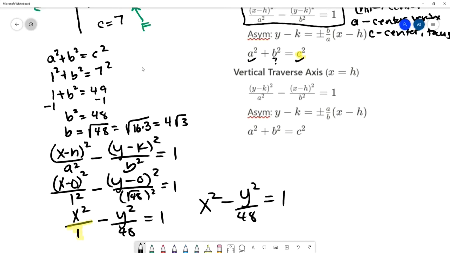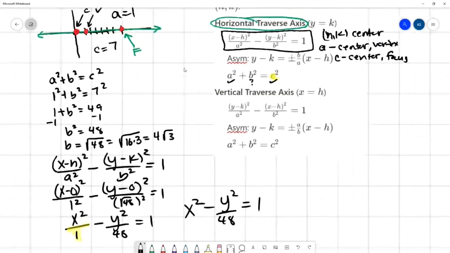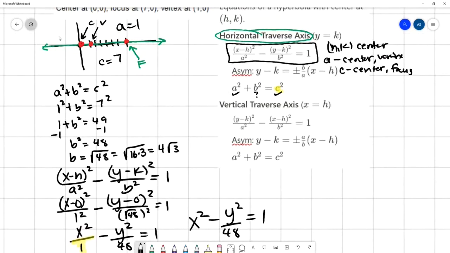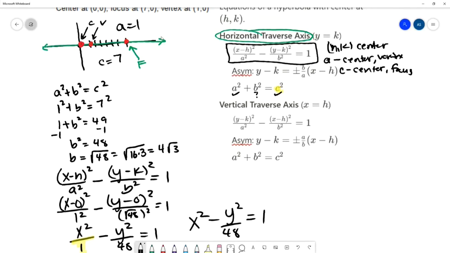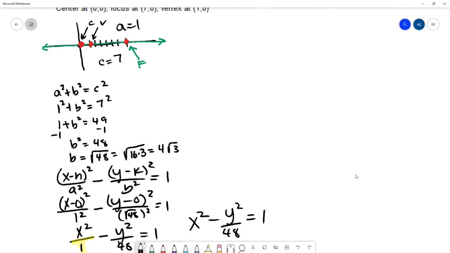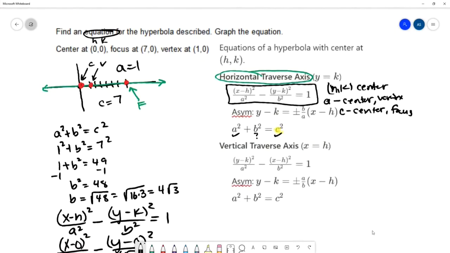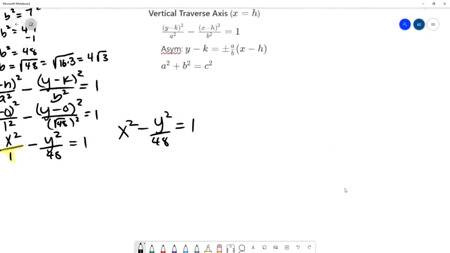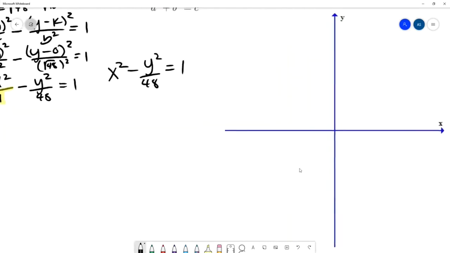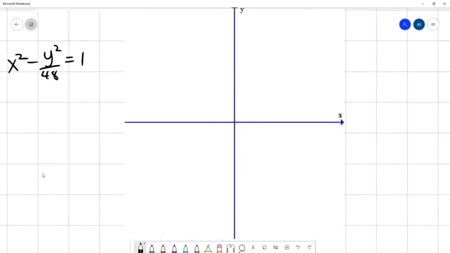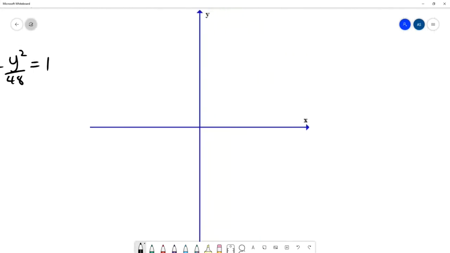So I've got the equation of that hyperbola, and it wanted me to graph it. I was writing down some of the details right here, but let's get a clear picture of our graph. I've got a blank grid here for us to fill out, and I'm going to draw that graph out.